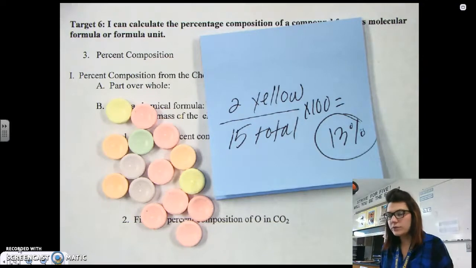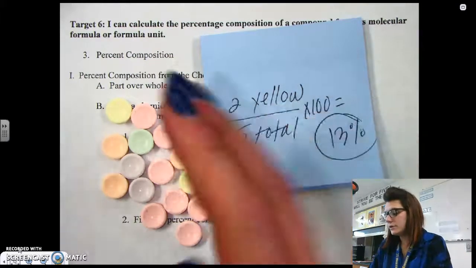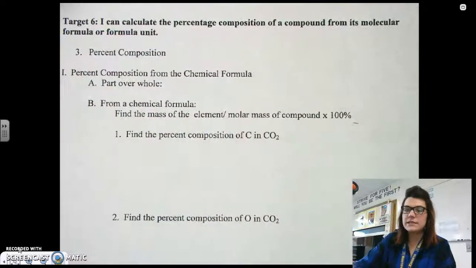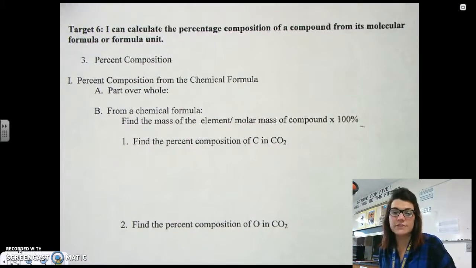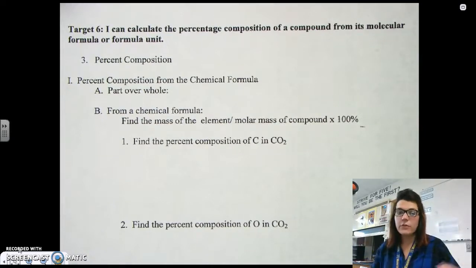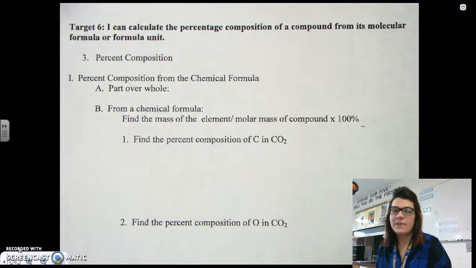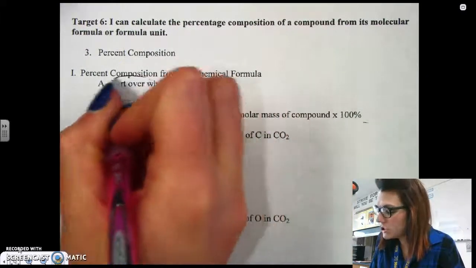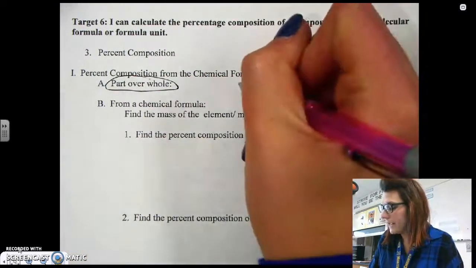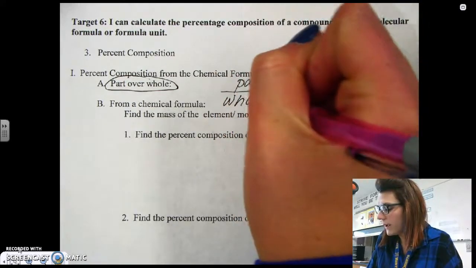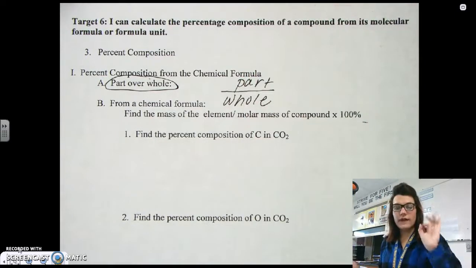Now we'll try this again in class tomorrow just to make sure that you guys are following along here. But what you need to realize is that percent composition is going to be the same whether I do it with Smarties or with a chemical compound. Percent composition is just part over whole, meaning I can have a part of something over whatever the whole of that something is.